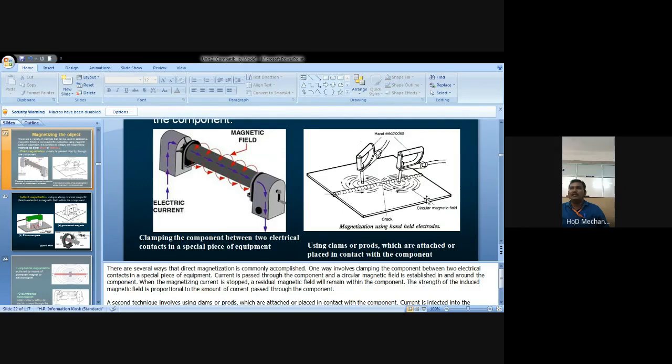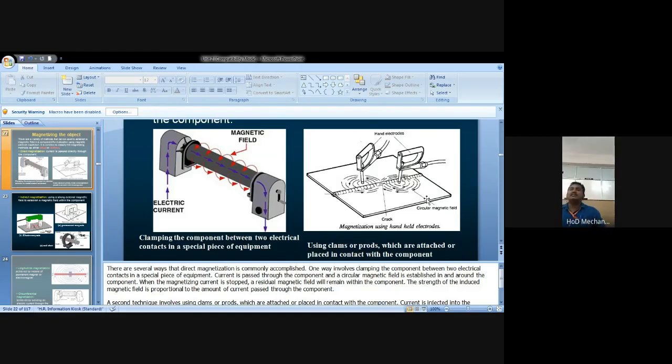And hand electrodes are also used for this testing method, to check the magnetization by magnetizing the given testing specimen using a handheld electrode, clamp or probe which are attached or placed in contact with the component.